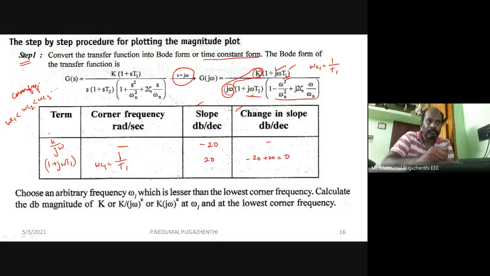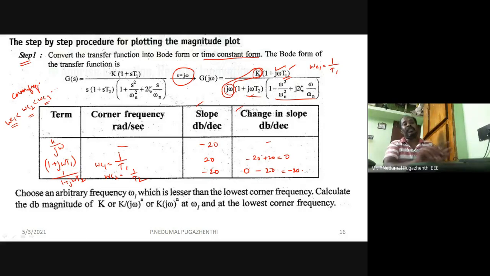If I go to the next term, assuming omega c1 is less than omega c2, which is less than omega c3, 1 by 1 plus j omega T2, then omega c2 is equal to 1 by T2, and the slope is going to be minus 20. So 0 minus 20 will give me minus 20 decibels. This is how the table has to be found for every term in the transfer function to find out the slope and change in slope.